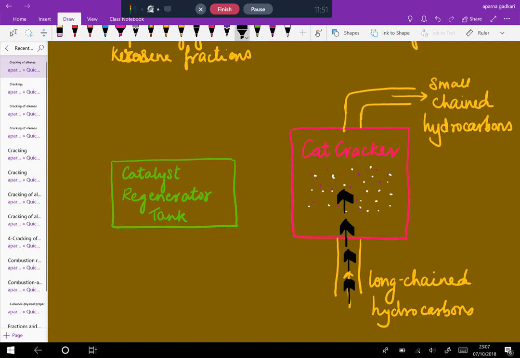When they are broken down, they change into small chain hydrocarbons and are collected from this part of the cat cracker outlet.